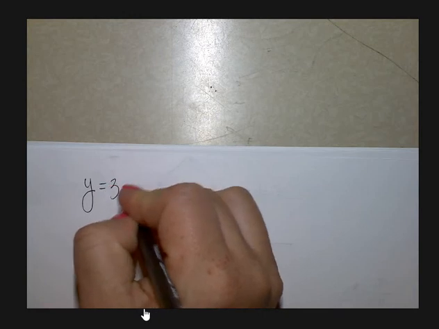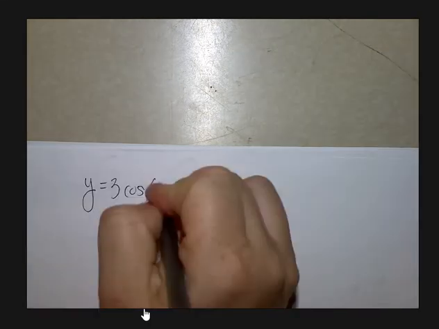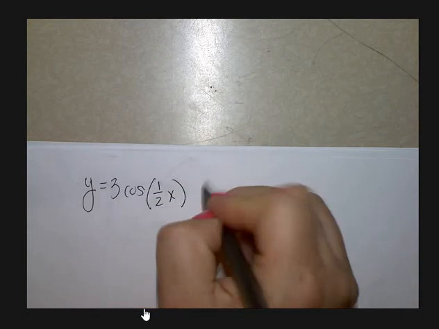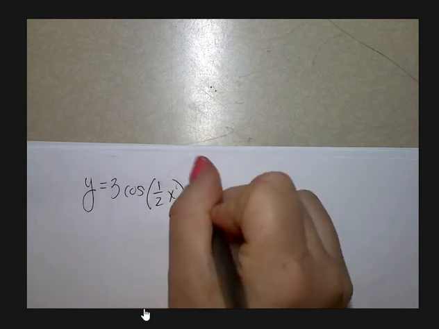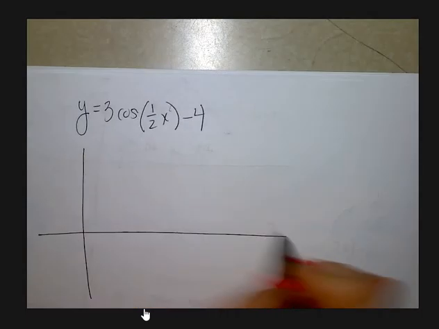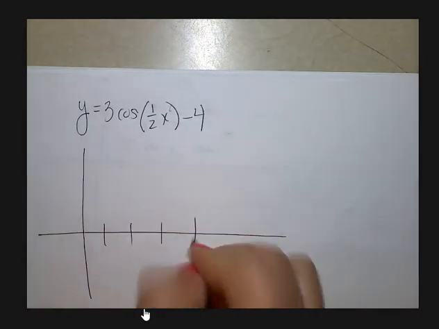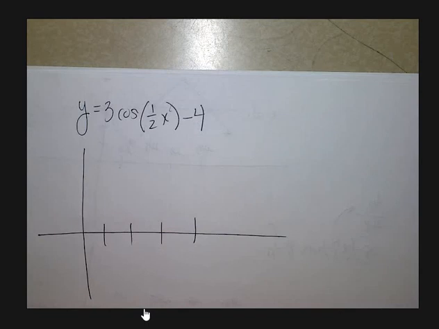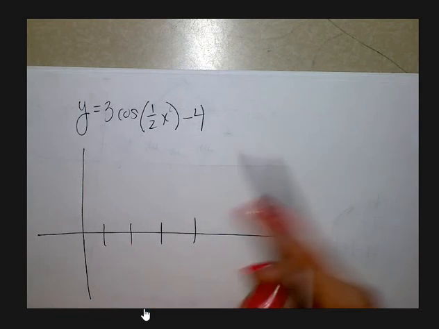Y equals 3 cosine of 0.5, or 1/2 x, minus 4. So start by making your line. Make 4. Then decide what would be the period length.